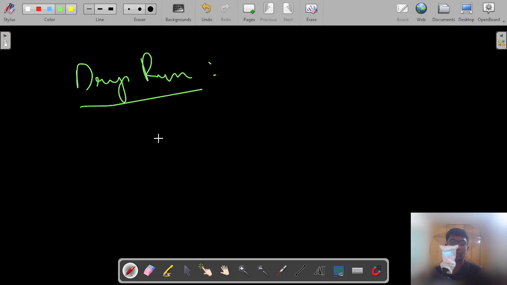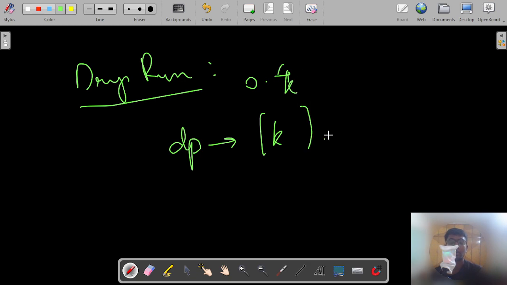So the way that I'm going to do it is, I am going to create a DP array such that we have k sets of remainders, that is 0 to k, and I am going to fill each array with 0.